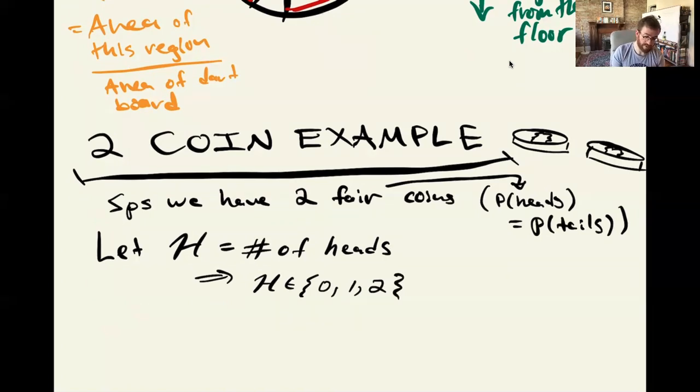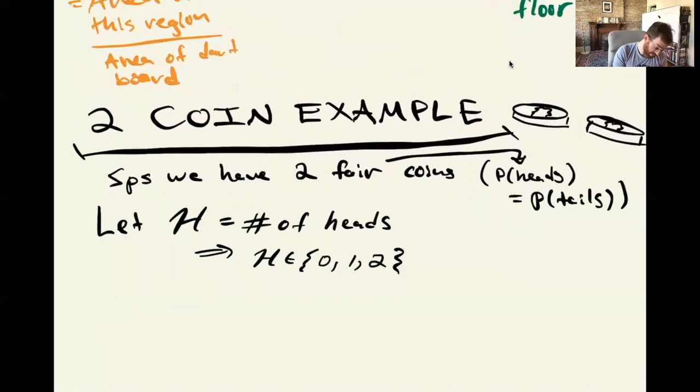How do we compute the probability of each of these sort of events carved out by which value h takes? It should be pretty straightforward, but let's go ahead and go through the motion. So let's say, what's the probability that I have 0 heads. So I want to think of this as probability of 0 heads.